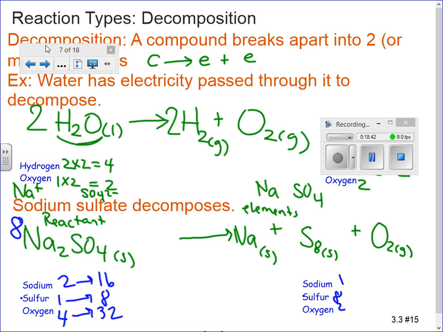I only have 1 sodium here, so if I add a coefficient of 16, I will have 16 sodiums. For oxygen, I have 2. If I add a 16 there as well, I will have 32, which is what I'm looking for.